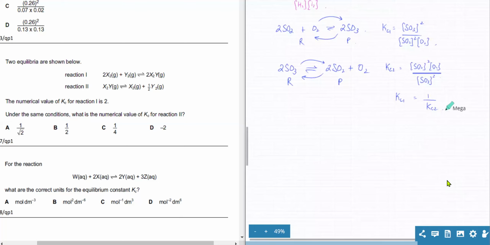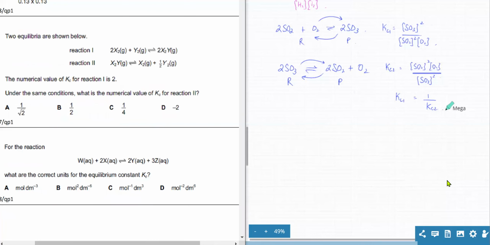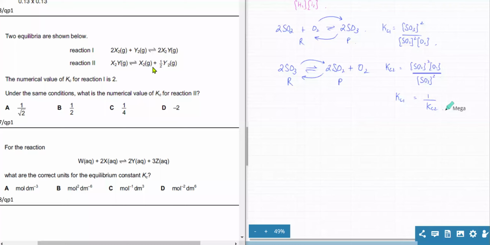Okay, so it matters how you write a reaction. That's going to affect the Kc output that you're going to get. Now over here, it's the same reaction. If you look closely, reaction 1 and reaction 2 are exactly the same reaction. There's no difference. It's just written differently. X2 and Y2 are reacting to produce X2Y. This is the same. The mole balancing is different. What I could have done over here was, instead of writing 2, I could have written half.